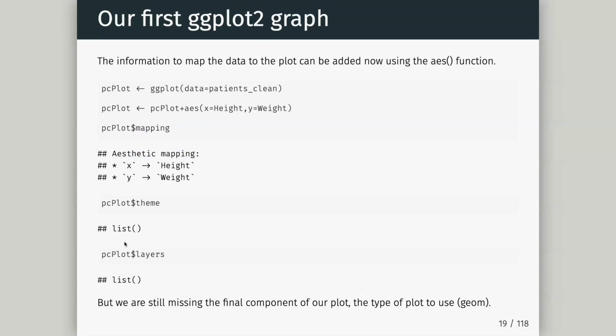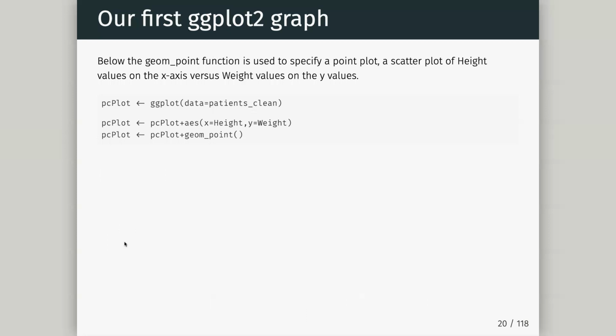And the layer is a really important point. We need to know what type of plot we're going to do. It's okay if I say all these mappings, x to height, y to weight. But if I want to do a line plot or a scatter plot, I don't know yet. So the last thing I need to do is add a geom type of plot. So here I'm going to redo my data. I'm going to do my aesthetics again.